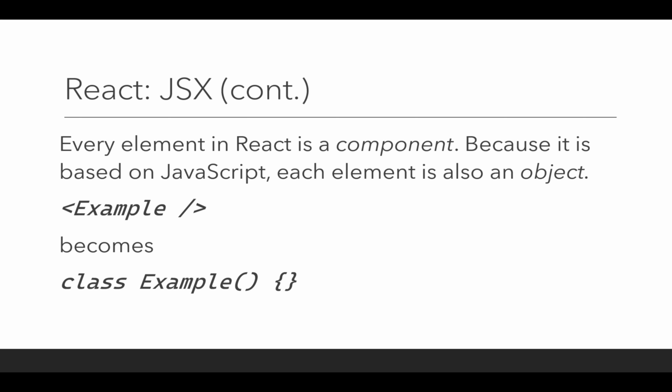So that means example here, again with the self-closing tag, becomes an object based on class example. So that means that we have objects that are equivalent to elements within React based on how JSX and the component models work together.